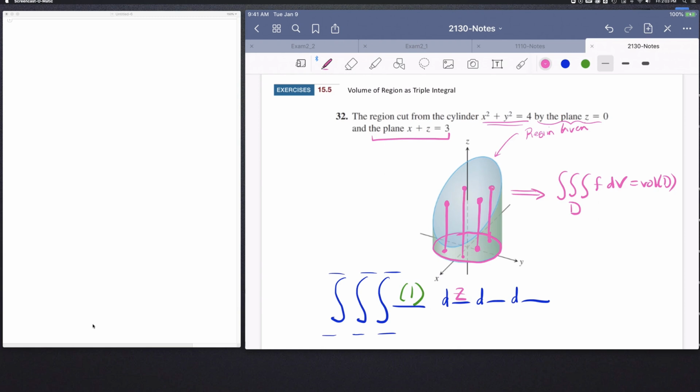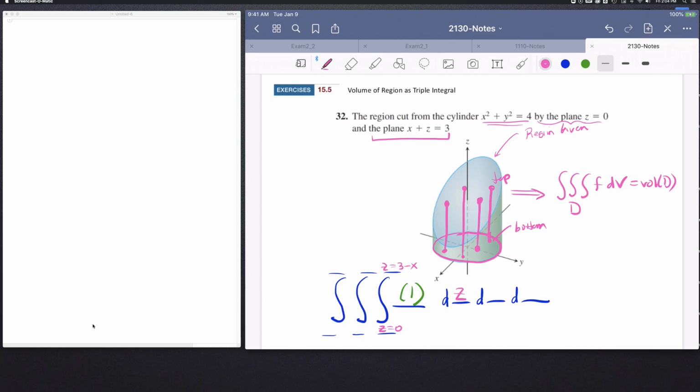What surface is on the bottom and what surface is on the top? I think we can see that z equals 0 is on the bottom, because that circle is sitting in the z equals 0 plane. And then we're integrating up to the plane, which is z equal to 3 minus x.